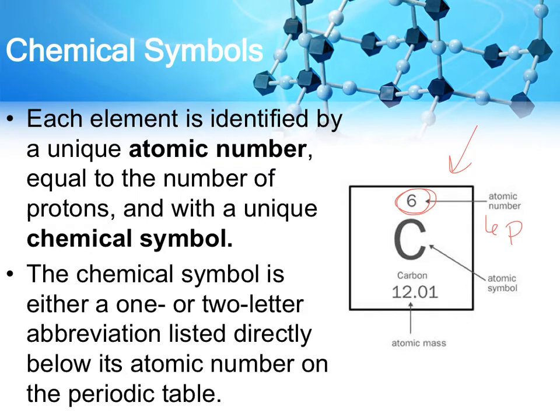At the bottom, you'll see the atomic mass, which we'll talk about a little bit later. The symbol for every element is a capital letter, and the symbols are either one letter or 2 letters. Any symbol that is 2 letters, the second letter must be lowercase.